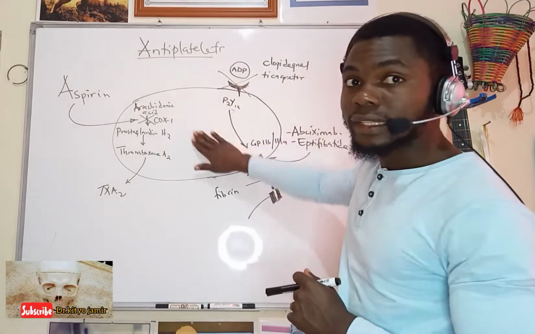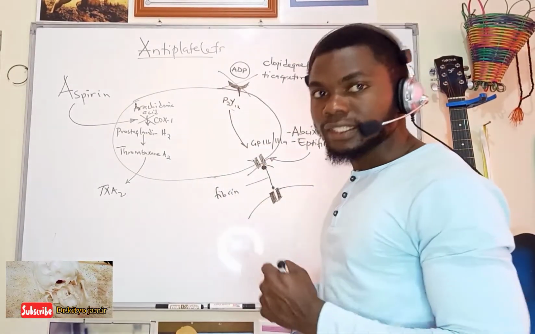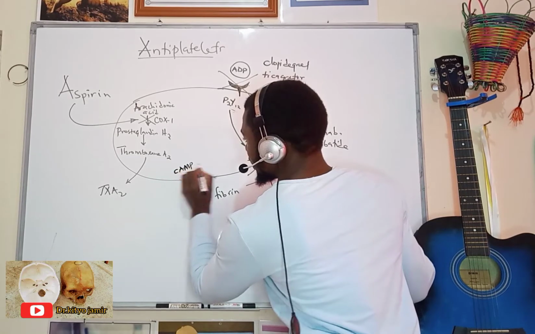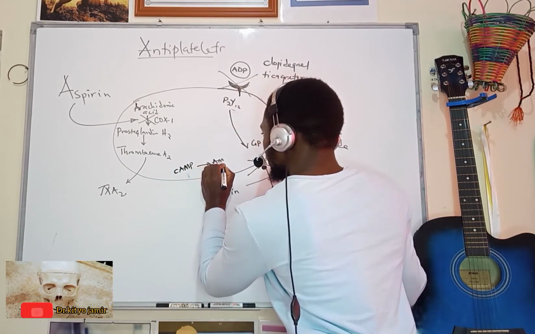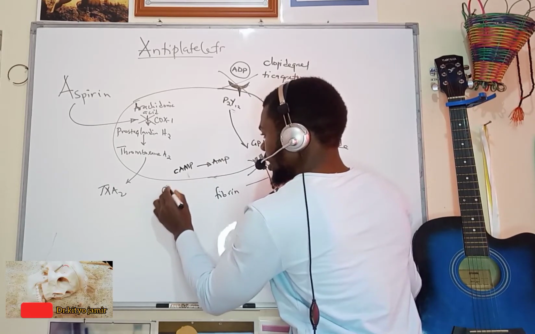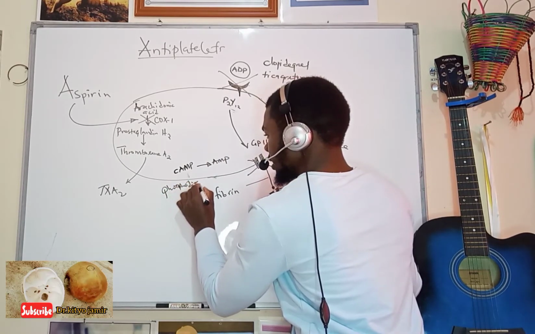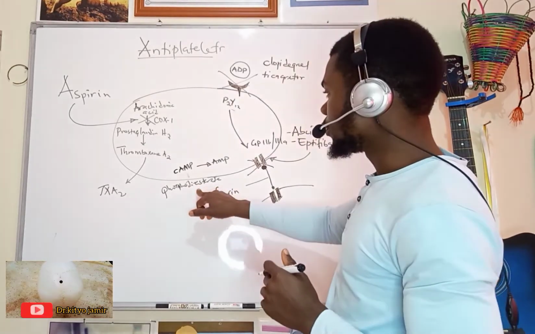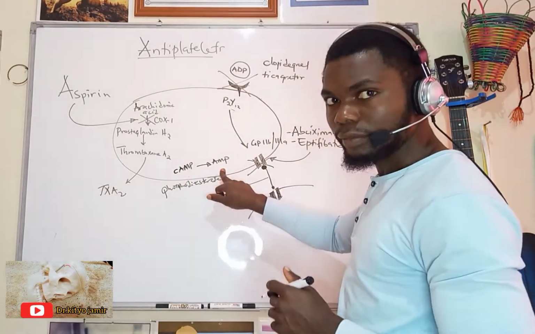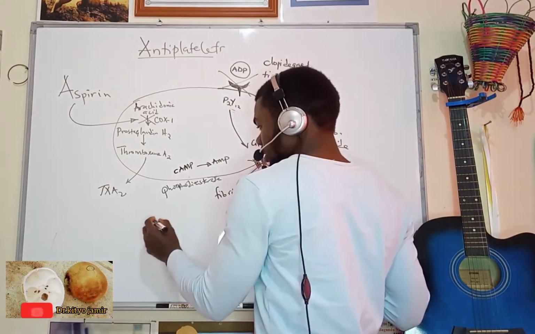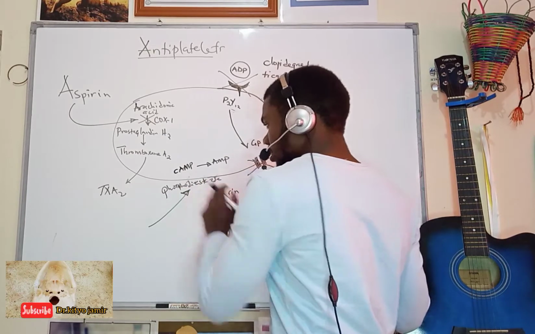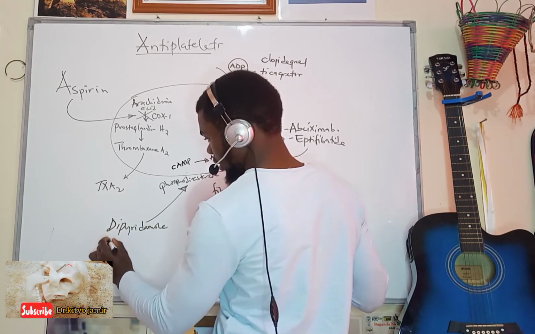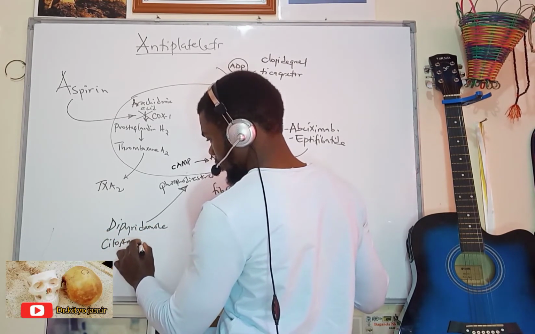Another important reaction that takes place inside our platelet is the conversion of cyclic AMP to AMP. And the enzyme associated here is a phosphodiesterase, which is responsible for conversion of cyclic AMP to AMP. So we have drugs like dipyridamole and cilostazol.